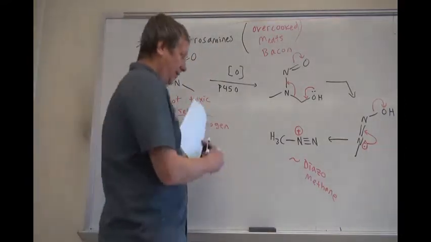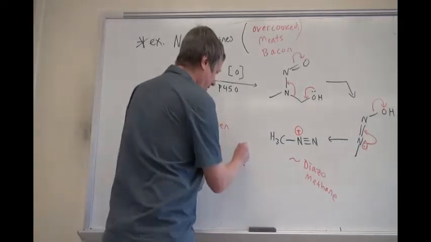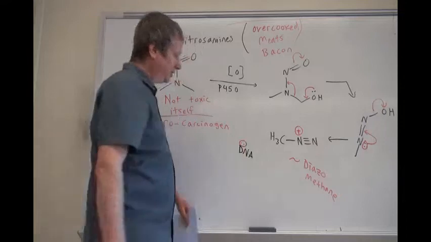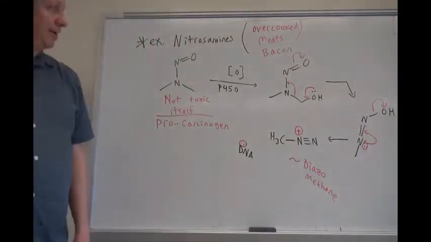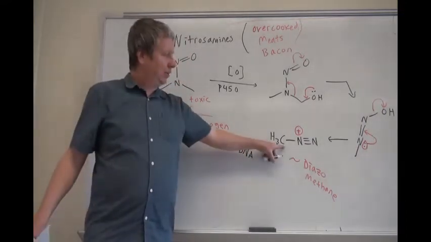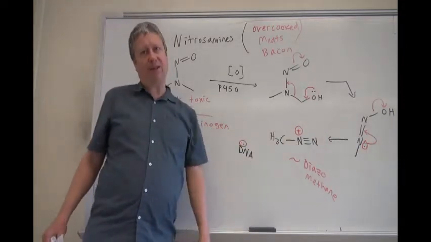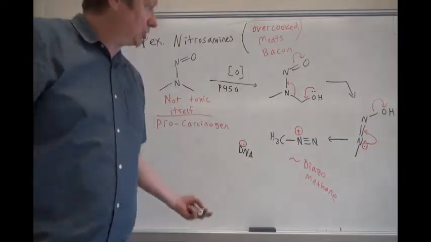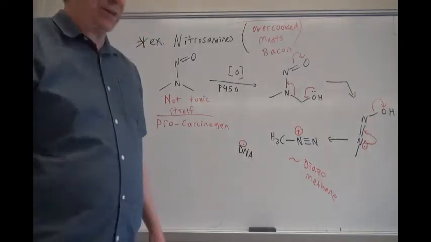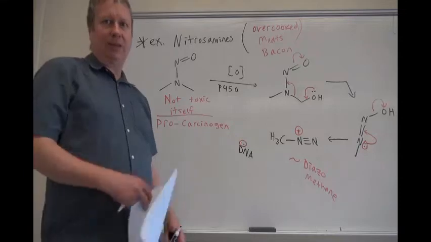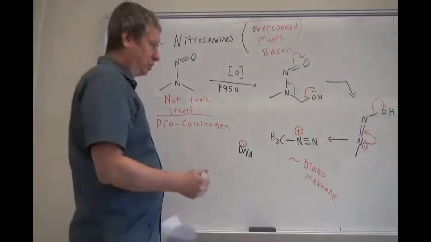But what happens when you have DNA around? Well, you have a CH3 with an incredible leaving group on it. N triple bond N is an incredible leaving group. It's nitrogen, right? What's the DNA going to do? It sees that methyl. What's it going to do to that methyl with the insanest leaving group in the world?